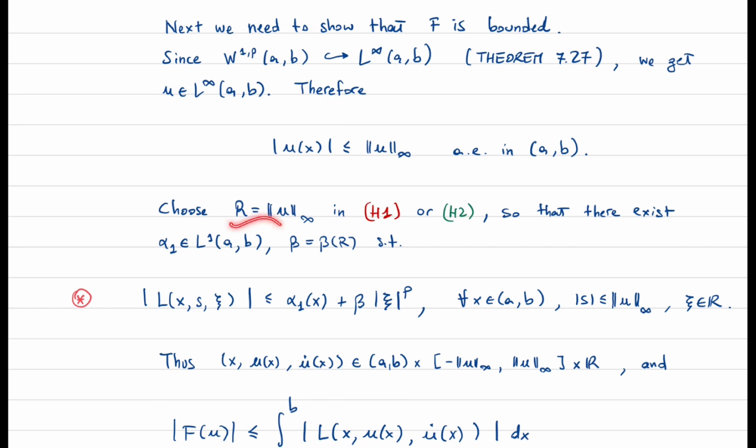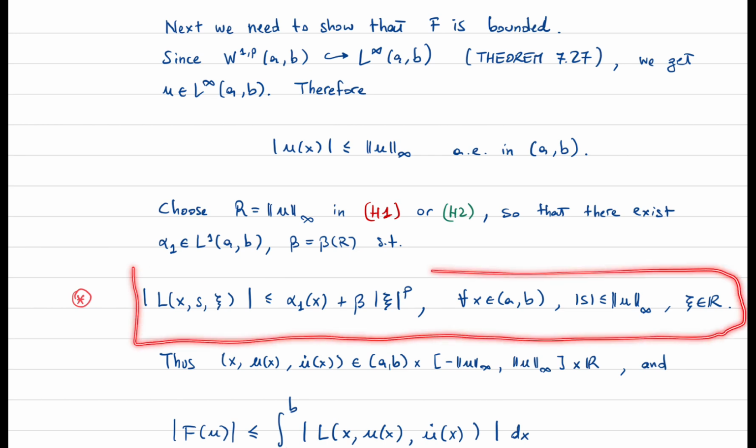So, choosing this value of r in H1 or H2, we know that there exists alpha 1 in L1 of (a,b) and beta, a constant depending on r, such that |L| is less or equal than alpha 1 of x plus beta times |xi| to the power of p, for all x in (a,b), |s| less or equal than ||u||_infinity, and xi in R.